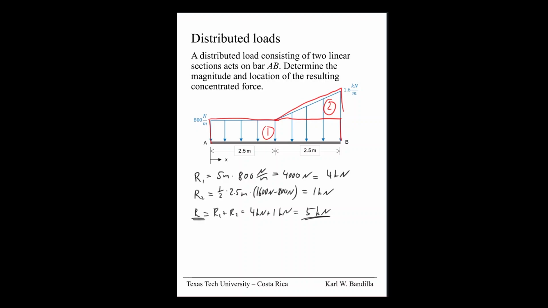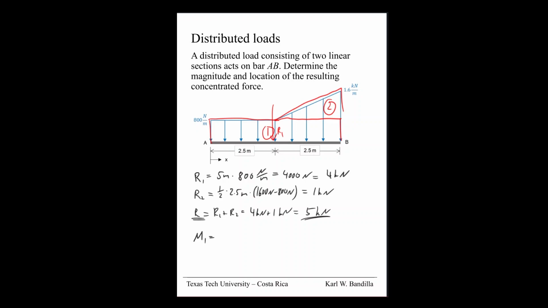All right, now if I want to find the location, then again I have to get all the moments and divide them by the total force we just calculated. So let's get our moments. If I say M1, we have our R1 somewhere here. It's a rectangle, so the centroid is halfway along.